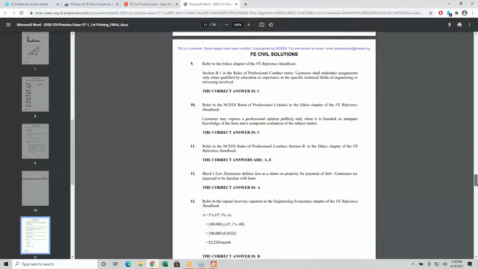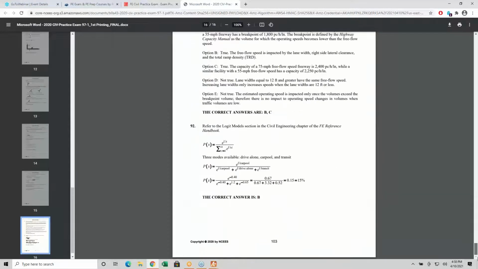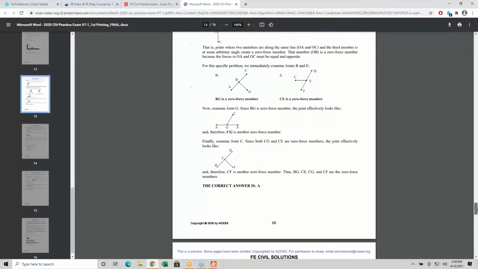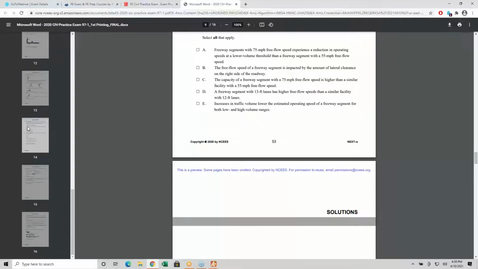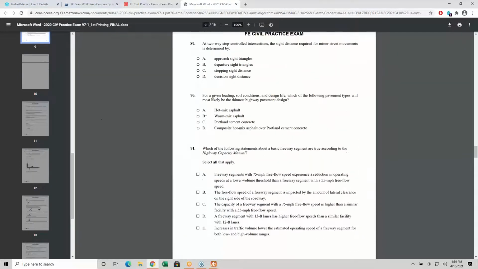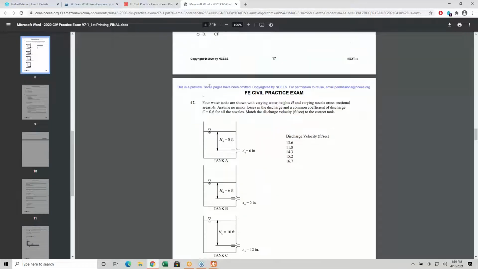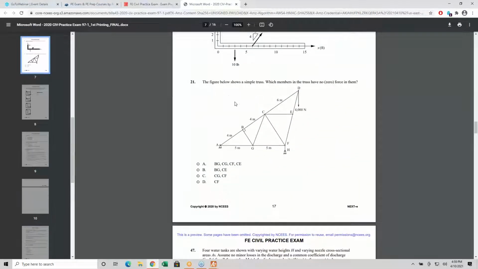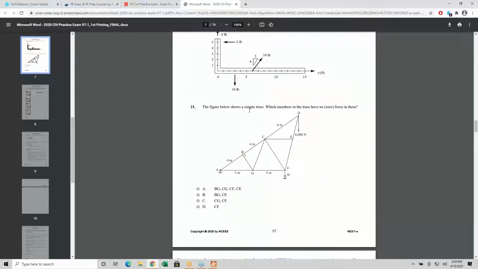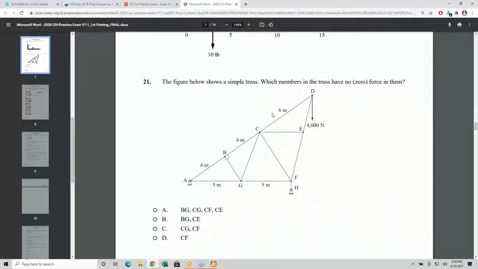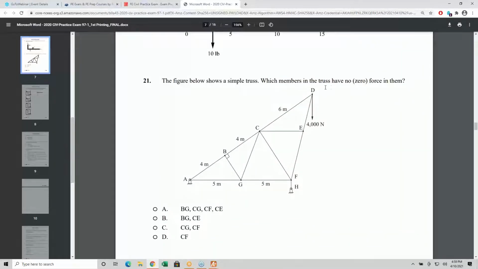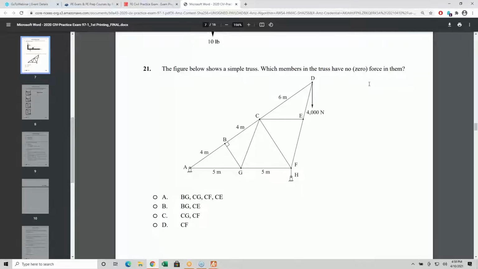So I try to order this book. I don't know if you can. They give you a few pages to review. This is another truss problem. We're going to see it, by the way, which is the figure below showing a simple truss. Which members in the truss are zero force members?